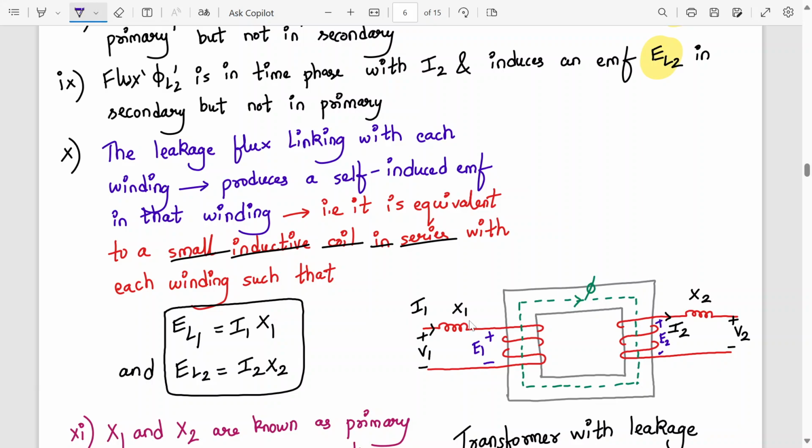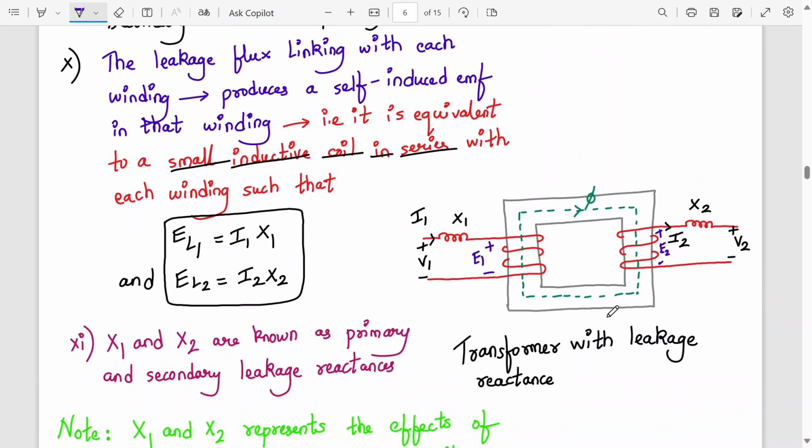This is the EMF induced due to the flux phi L1 and phi L2. And what are phi L1 and phi L2? Phi L1 is the primary leakage flux and phi L2 the secondary leakage flux, which I have already informed before. So EL1 is I1 into X1, EL2 is I2 into X2. So X1 and X2 are known as the primary and the secondary leakage reactance.